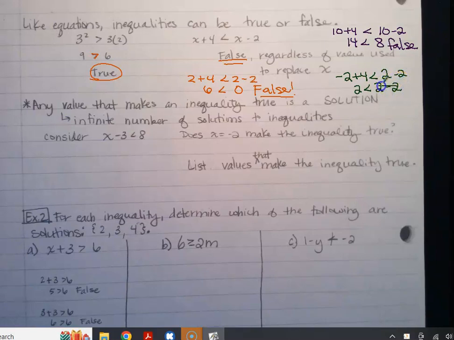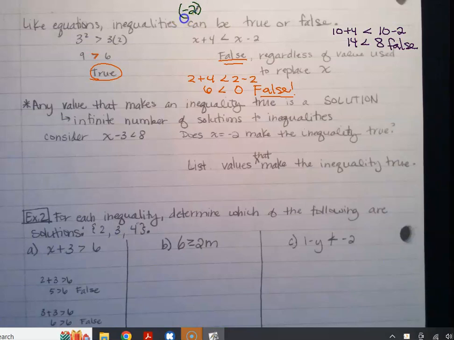False. No, 2 minus negative 2 is a positive 4. Let's start over.